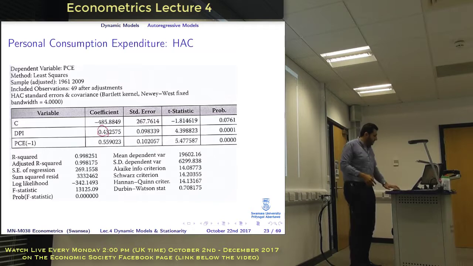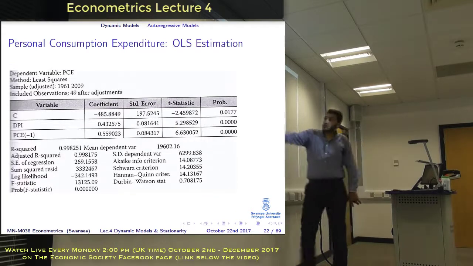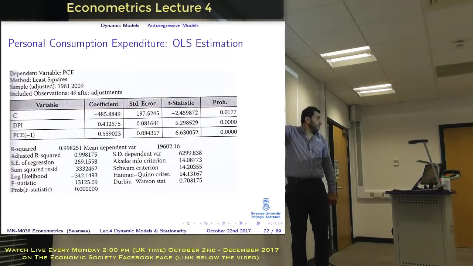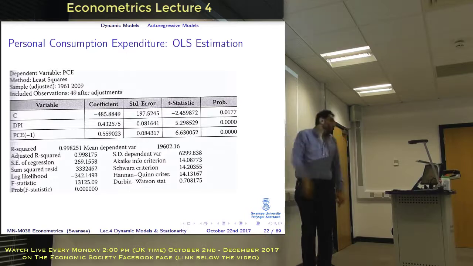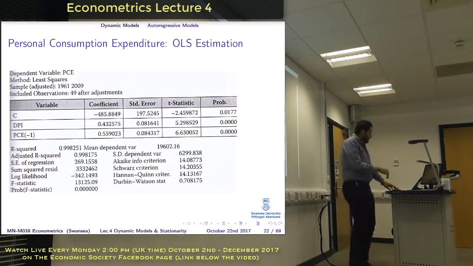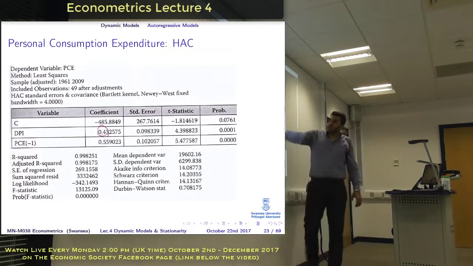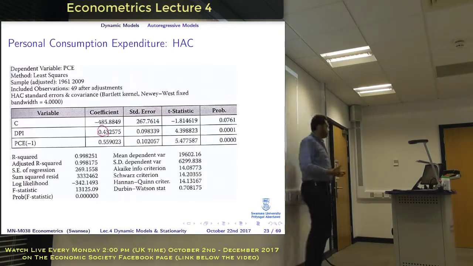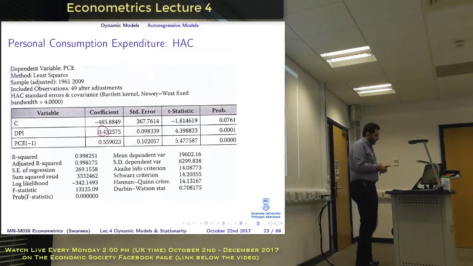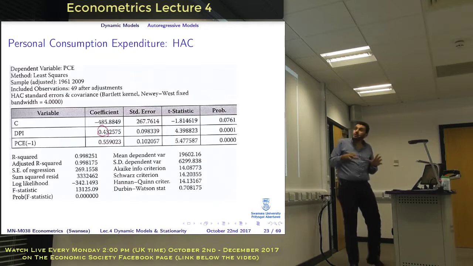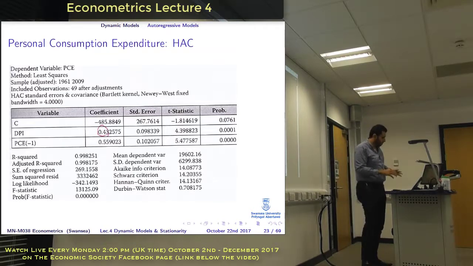So the coefficients are the same. If you go back and compare this column, it's exactly the same. The difference only comes from the standard errors, because with the second estimation, the standard errors are corrected for the presence of autocorrelation. And as I said, this is very straightforward, and we probably saw how to do that in EViews. But this is not the serious problem.